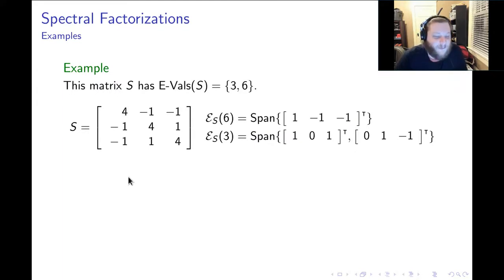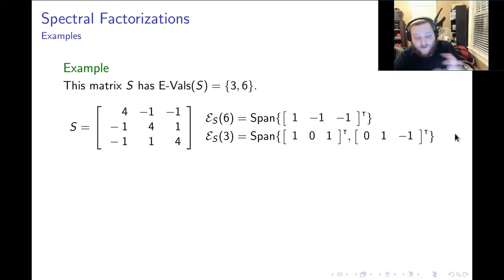Here's an example of a real symmetric matrix S. And this matrix S, we actually saw this previously, its eigenvalues are known to be 3 and 6. And not surprisingly, we find that the geometric multiplicity of 6 is 1, and the geometric multiplicity of 3 is 2.